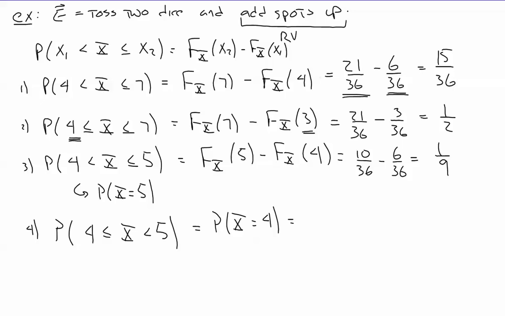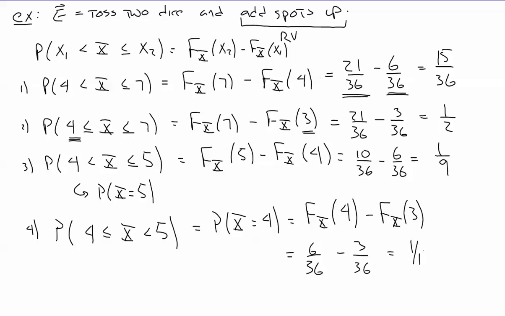This can be written as the cumulative distribution function evaluated at 4 minus the cumulative distribution function evaluated at 3. And that works out to be 6/36 minus 3/36, or 1/12.